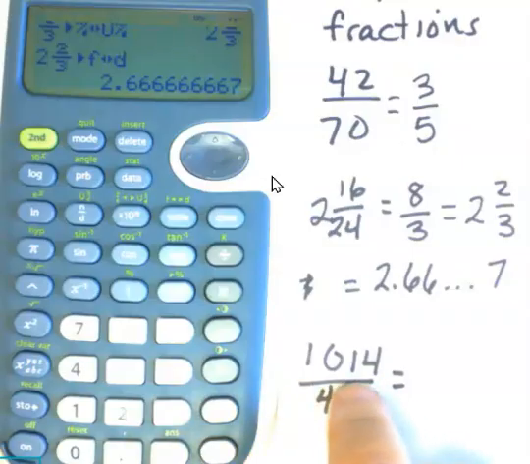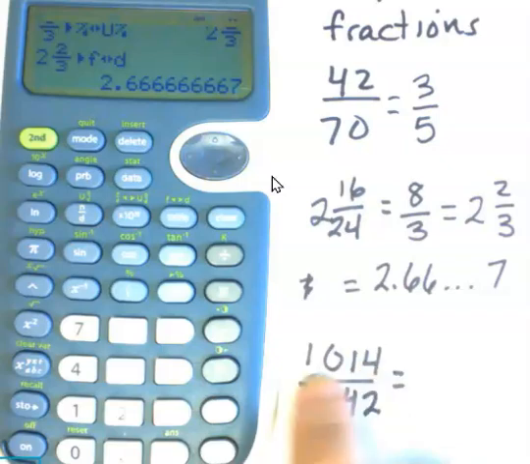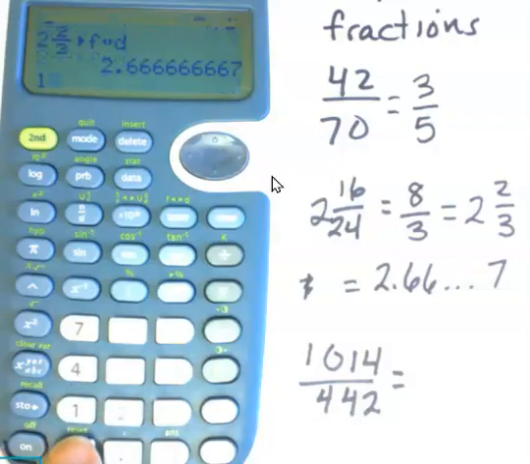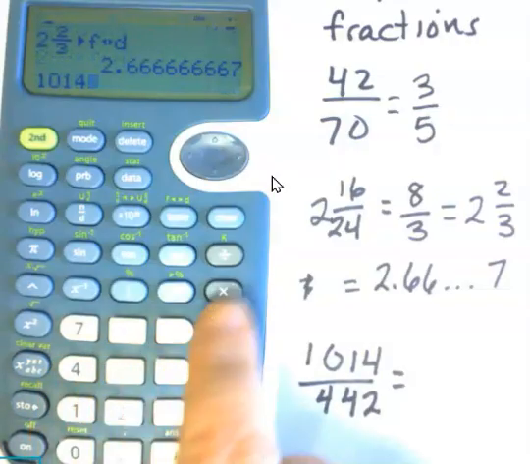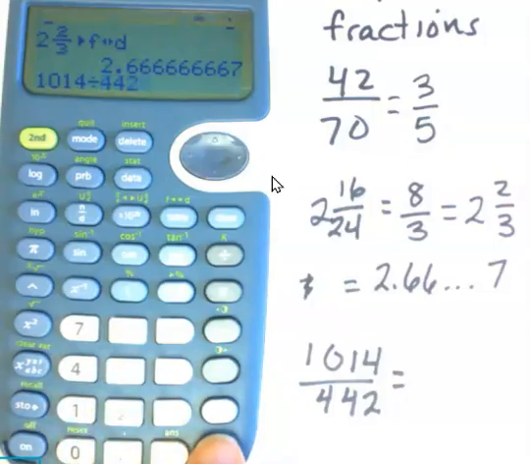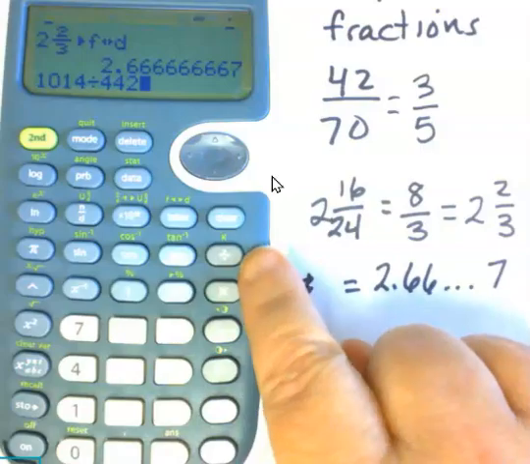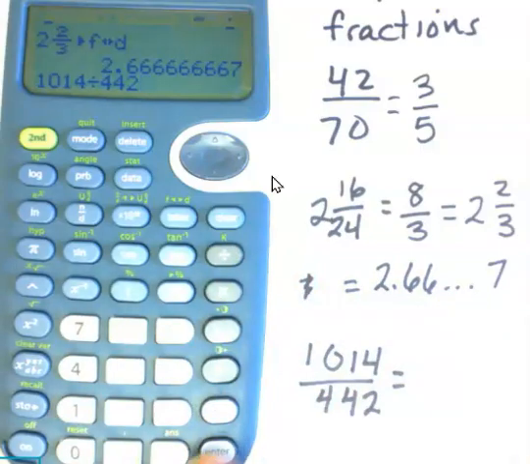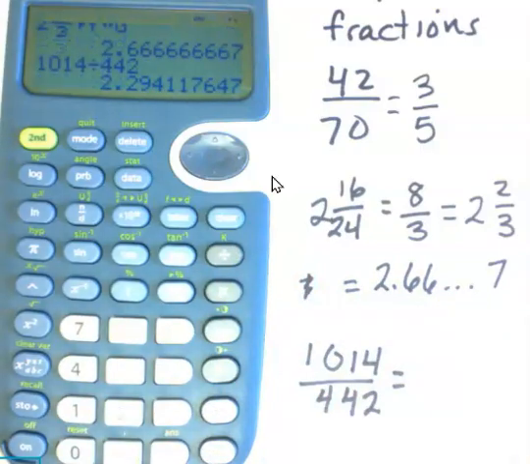So having this fraction bar, the decimal answer to this is when you do 1014 divided by 442. So I just used the division button this time. And so that's going to give me the decimal.